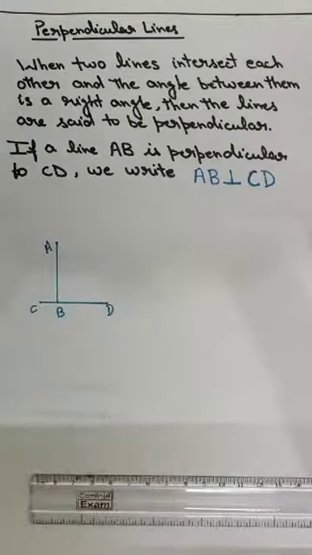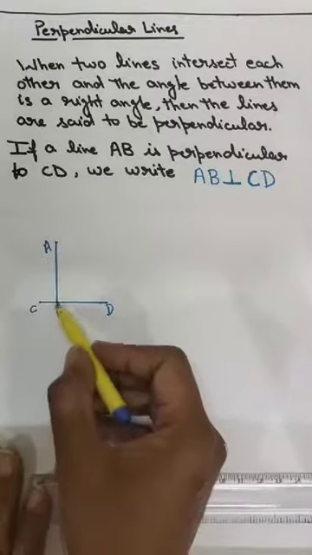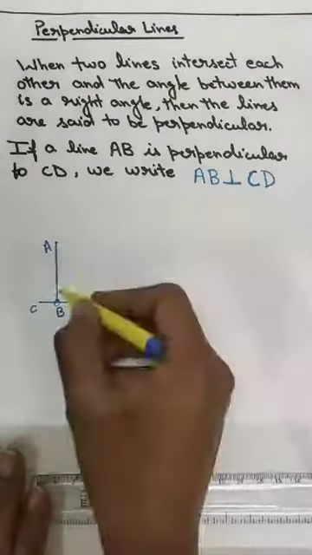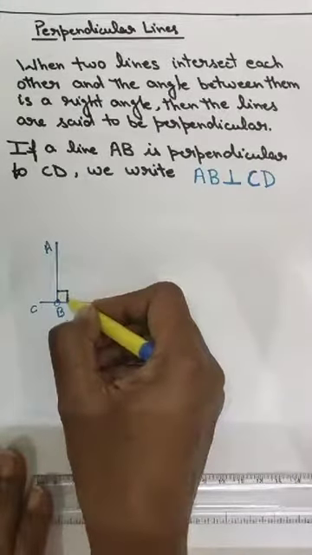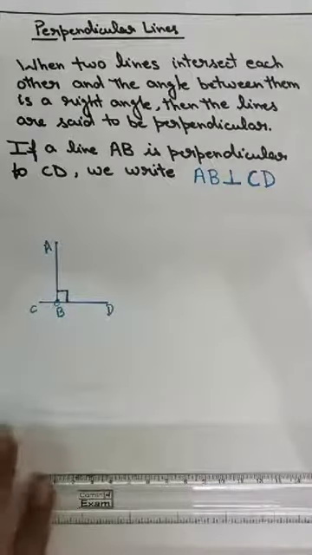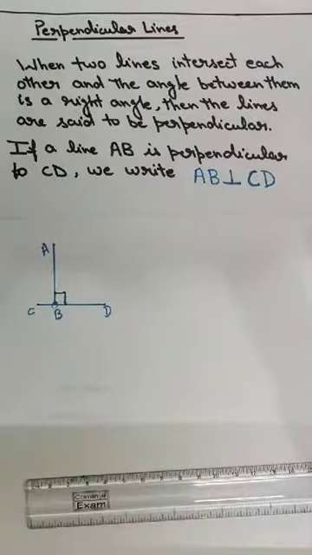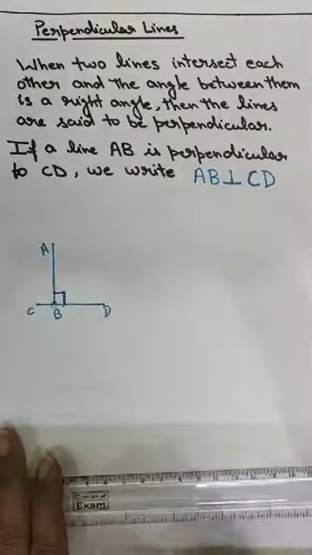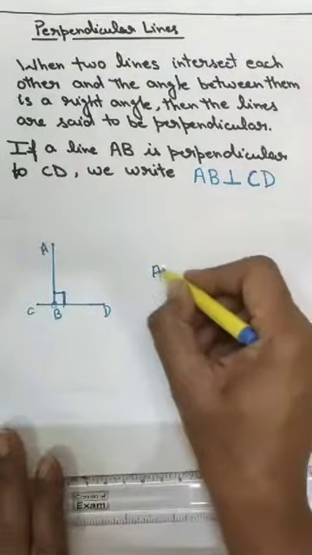These two lines are intersecting here. This is the intersecting point. If here they are making one right angle, because what I had told you in the definition, the angle between them is a right angle, so if this angle is a right angle, then we can say that AB is perpendicular to CD.